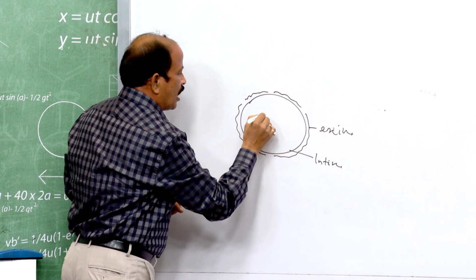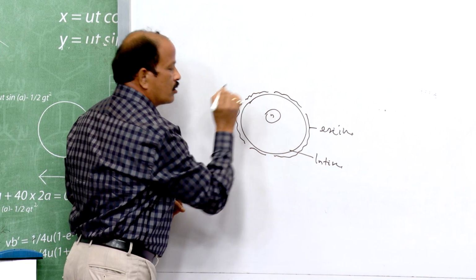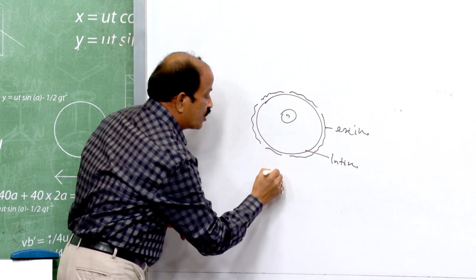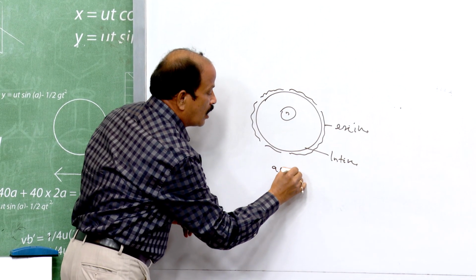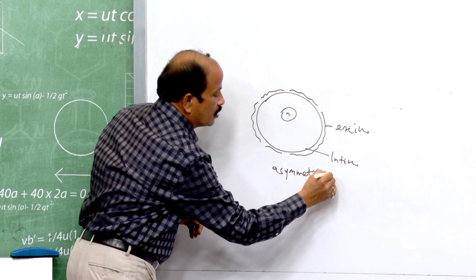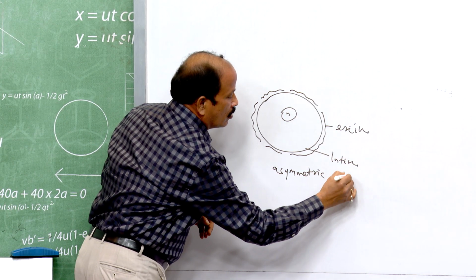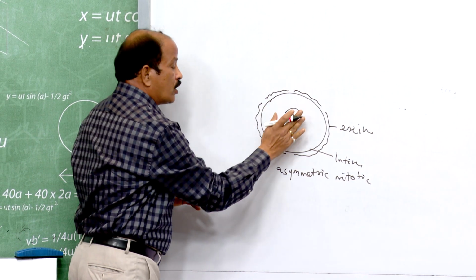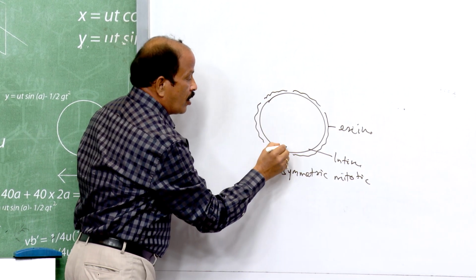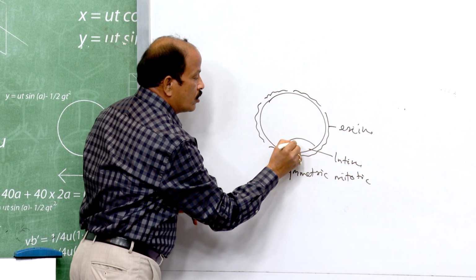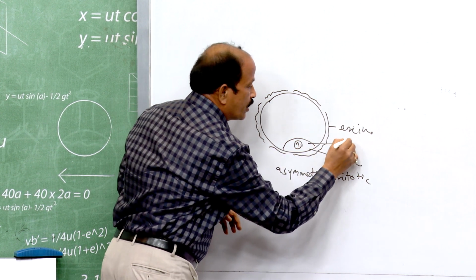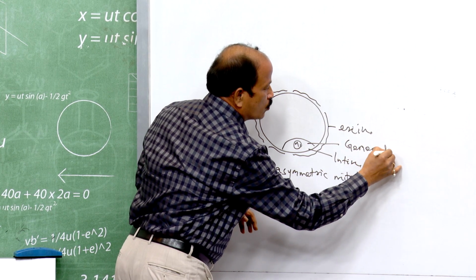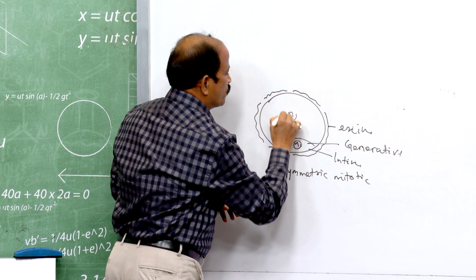There is a haploid nucleus here, and this haploid nucleus undergoes asymmetric mitotic division. Subsequently, this divides resulting in 2 nuclei; one is here, and this is the generative cell, and the large one is the vegetative cell.